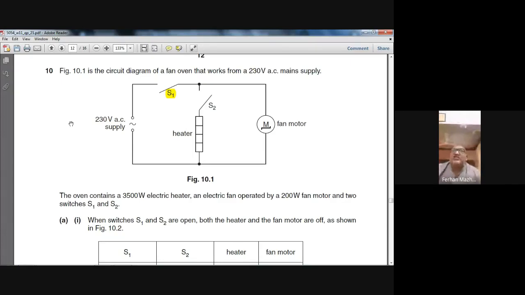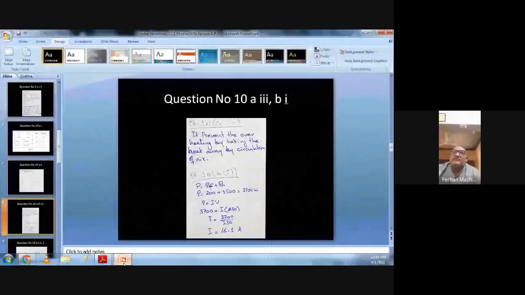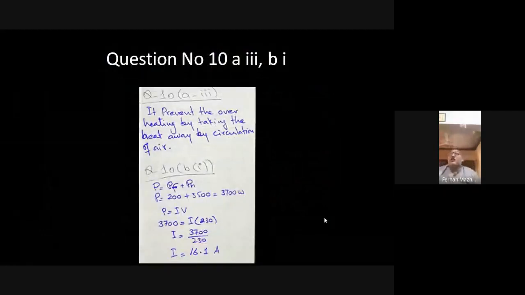This is the question we are doing: the heater and the fan motor are both switched on, calculate the current supplied to the oven. I have done this on paper, let me show you my work. For question 10B first part, the total power is the power of the fan plus the power of the heater, 200 watt plus 3500 watt, so 3700 watt.